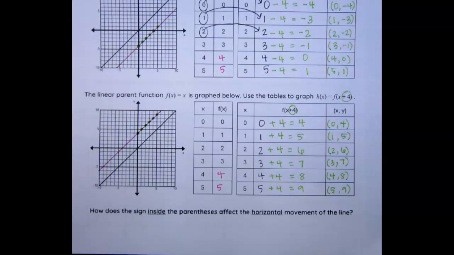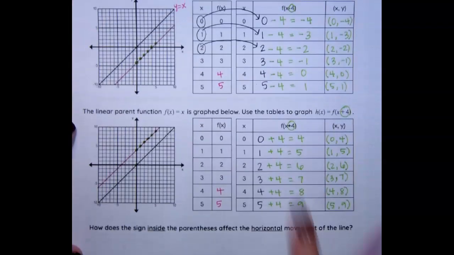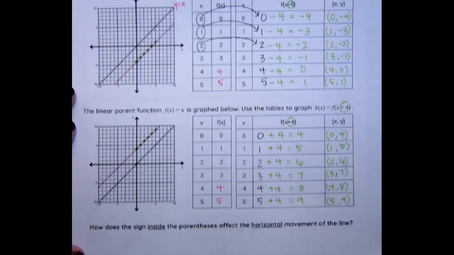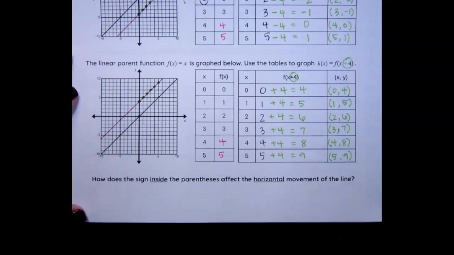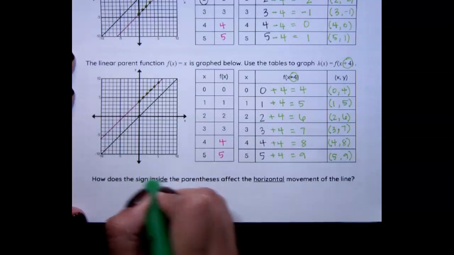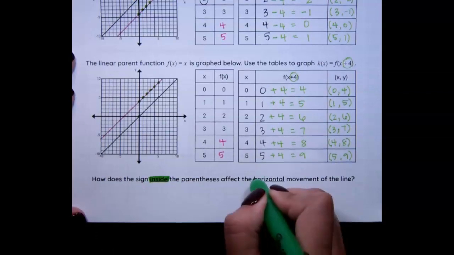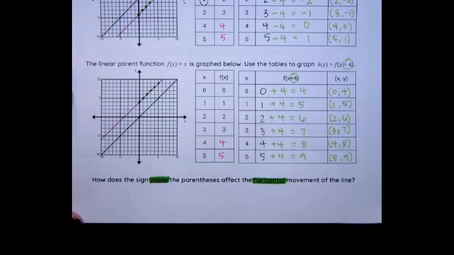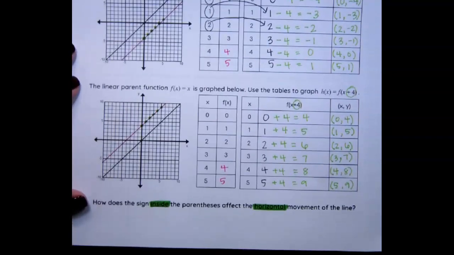And now I have two different graphs because I did two different things in my table. So down here it says, how does the sign inside the parentheses affect the horizontal movement of the line? So when the sign is inside the parentheses, it is going to affect the horizontal movement of the line.